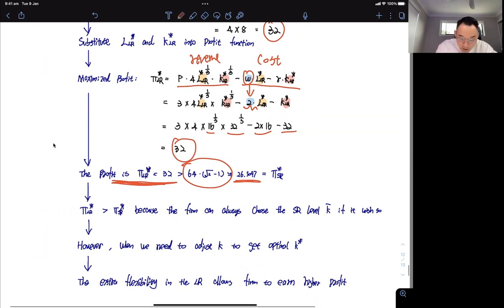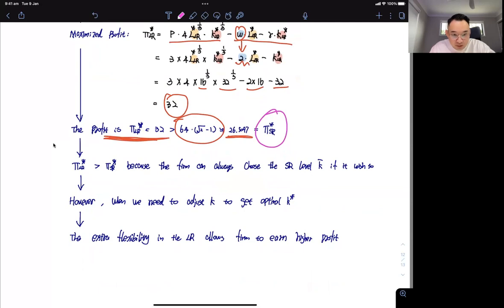And remember what this is. This is what we derived in question B, which we call the maximized profit in the short run. As you can see, the maximized profit in the long run is greater than the maximized profit in the short run. So we say that pi LR star is greater than pi SR star, because a firm can always choose a short run level K bar if it wishes so.